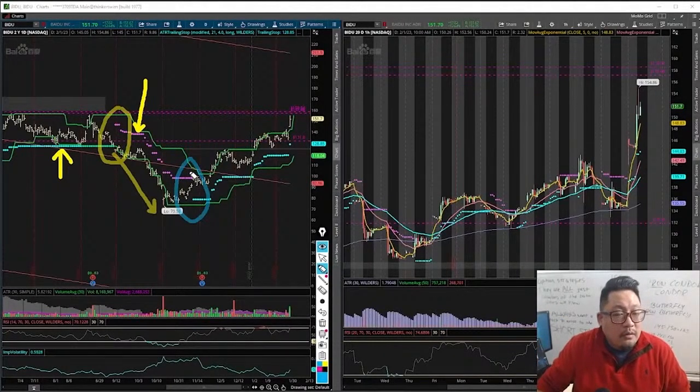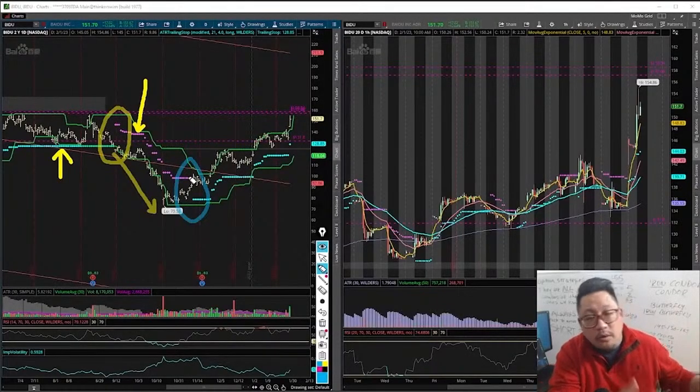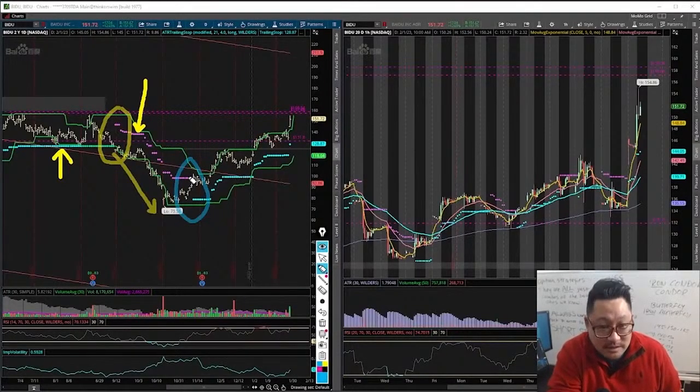That was right around the $100 mark. Since that moment, over the next 2.5 months, we've gone from $100, currently now trading at $150, $170. Or it basically gained 51.7% since that moment.